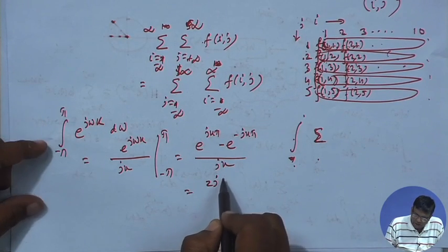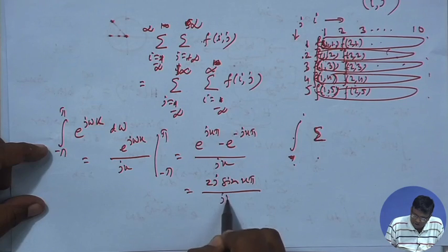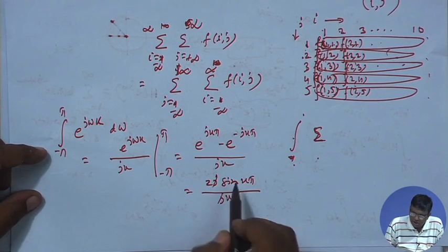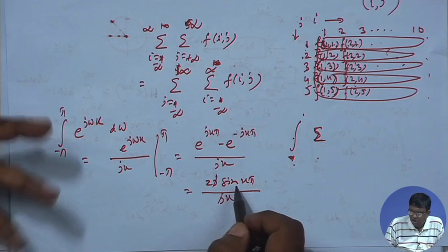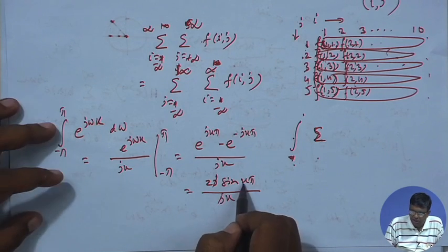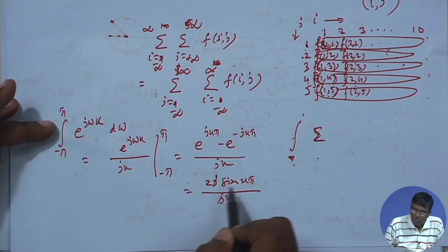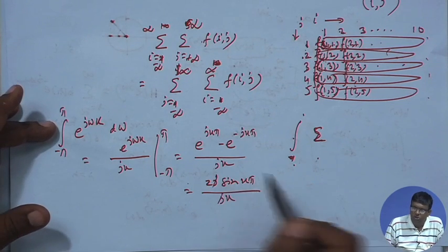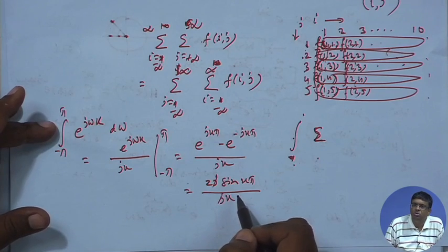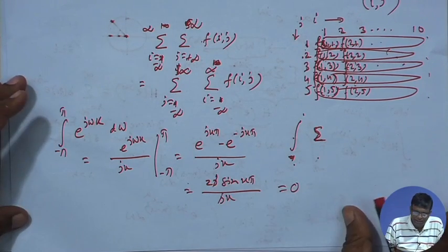So, 2j sin k pi by j k, j cancels. But what is sin k pi? K is integer, positive or negative does not matter. If it is negative, a minus will go out, and it could be even or odd. But sin of even number into pi or odd number into pi is always 0. Sin pi is 0, sin 2 pi is 0, sin 3 pi is 0, sin 4 pi is 0. So, this is always 0 for any k.